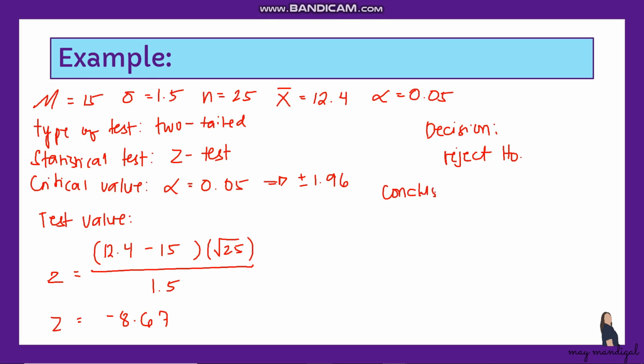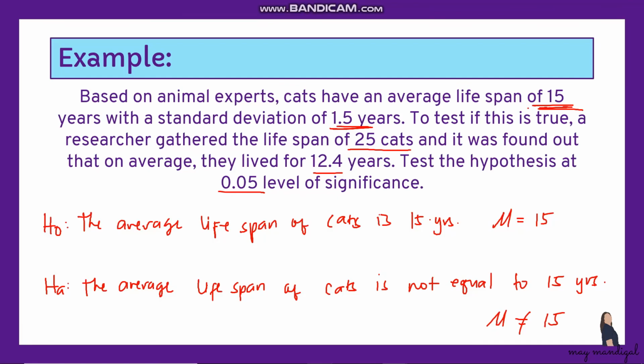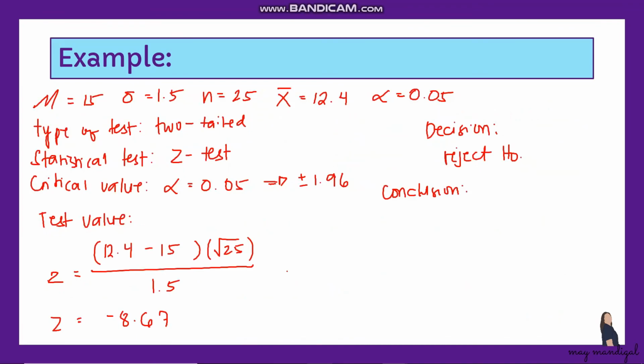So what will be our conclusion if we reject our null hypothesis? When we say reject, we will not consider our null hypothesis. Thus, we can say that there is enough reason for us to say that our alternative hypothesis is true.